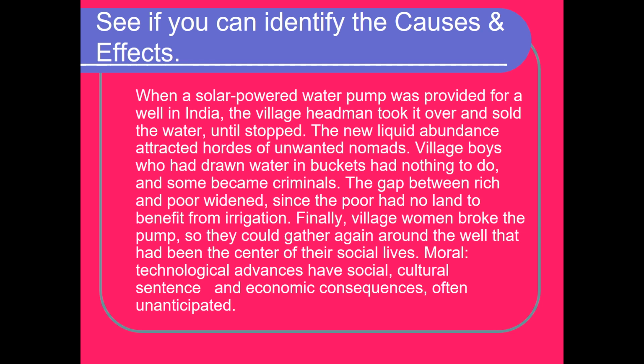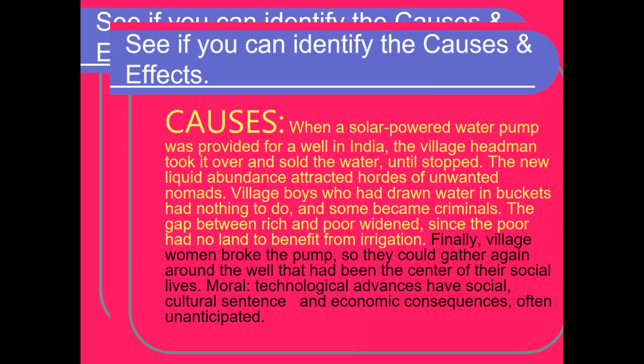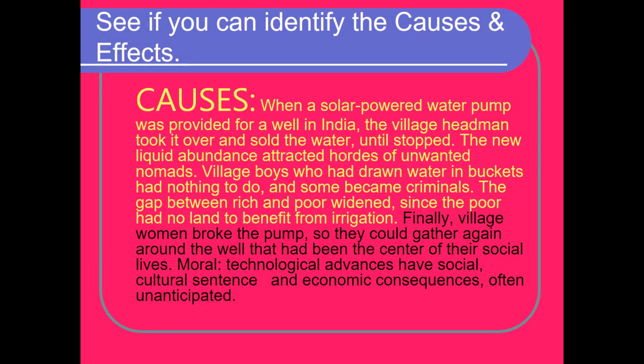That was your effect, because finally. But what caused the village women to break the pump? What had to happen first? Here's your cause. When a solar-powered water pump was provided for a well in India, the village headman took it over and sold the water until stopped. The new liquid abundance attracted hordes of unwanted people.